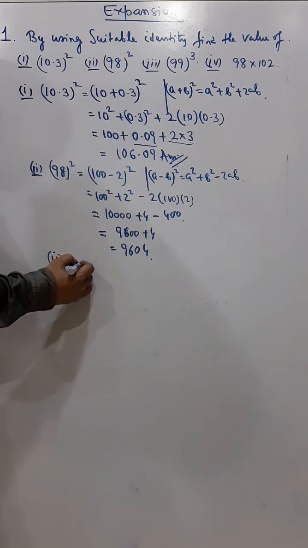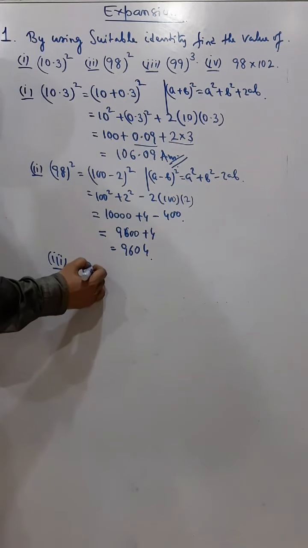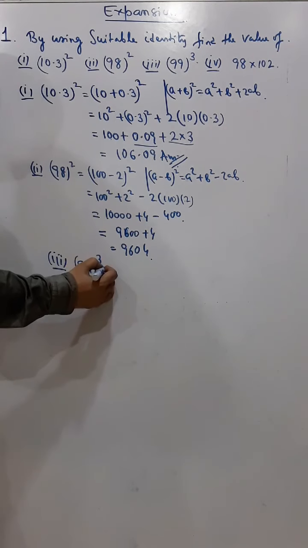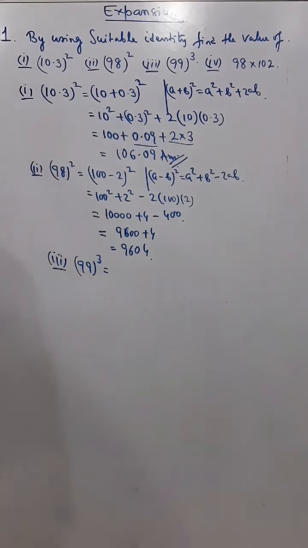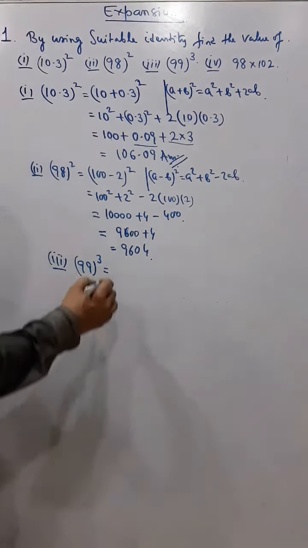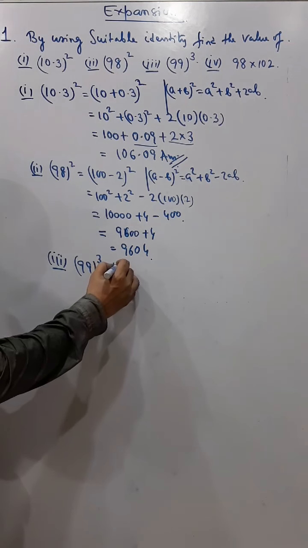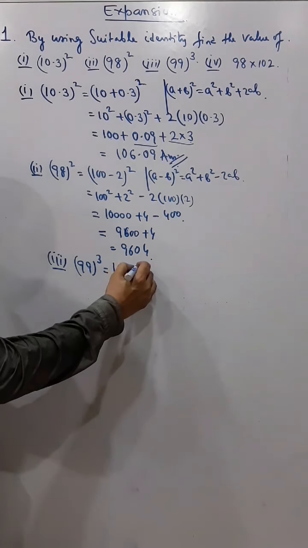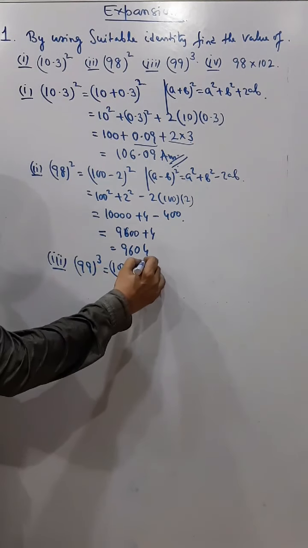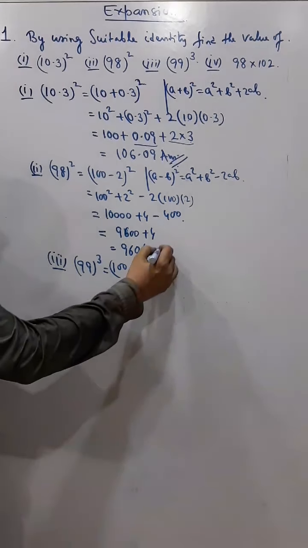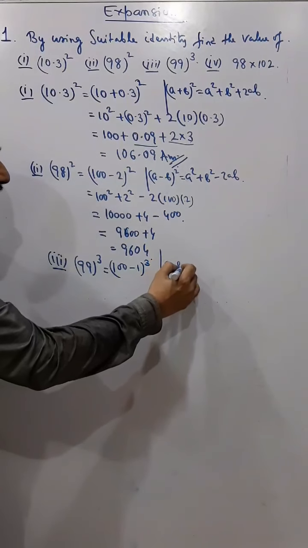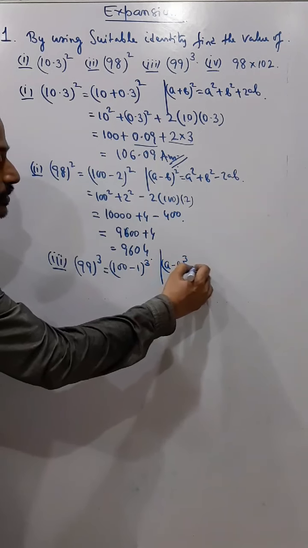Now number 3, it is 99 whole cube. So again 99 whole cube we can split as (100 minus 1) whole cube, and then we'll use this (a minus b) whole cube formula.